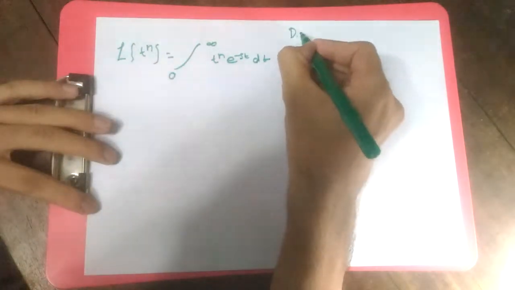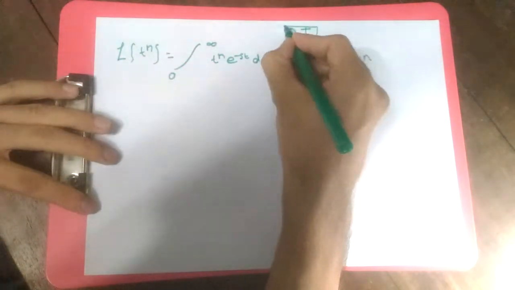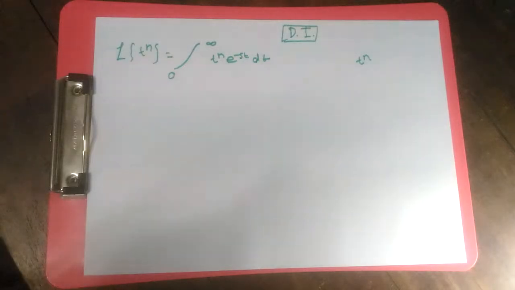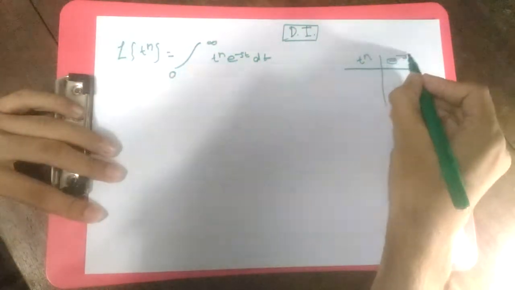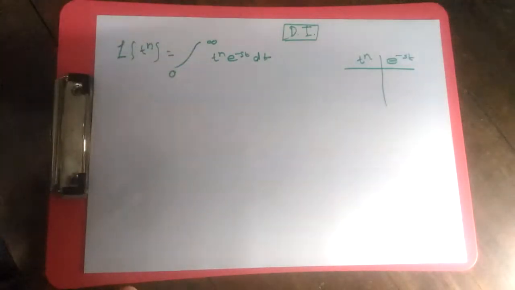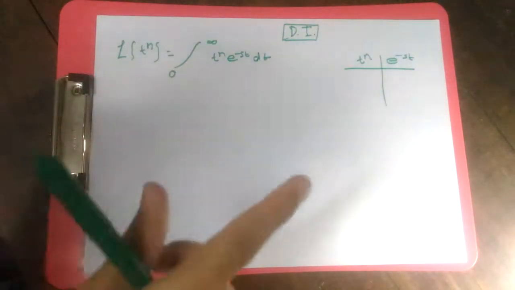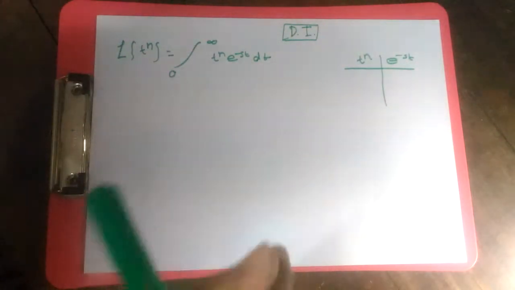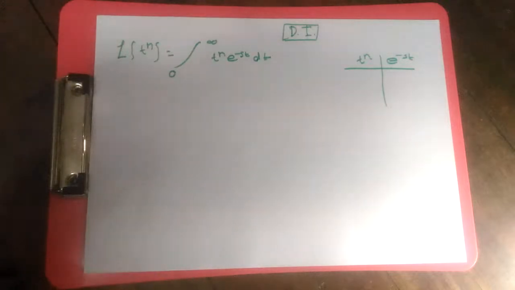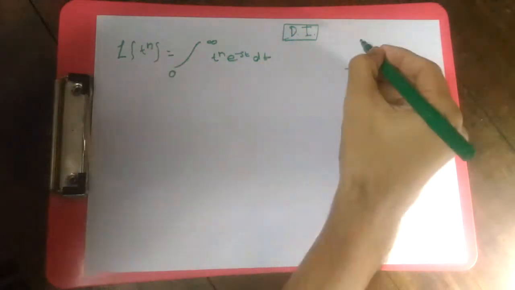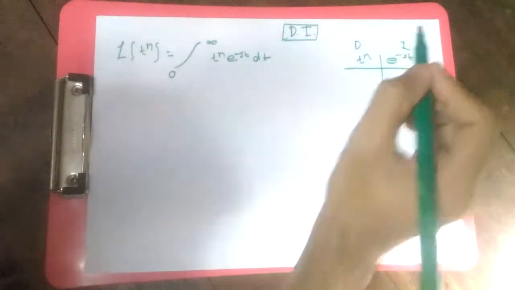I ask you to search the internet for the DI method of doing integration by parts, as I am going to do that. So obviously the portion that gets reduced is t to the power n, so that's the term I want to differentiate, and e to the power minus st will be the term which I will integrate. So this will be my D and this will be my I.